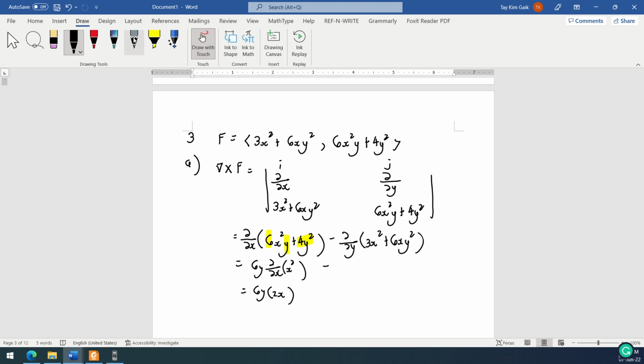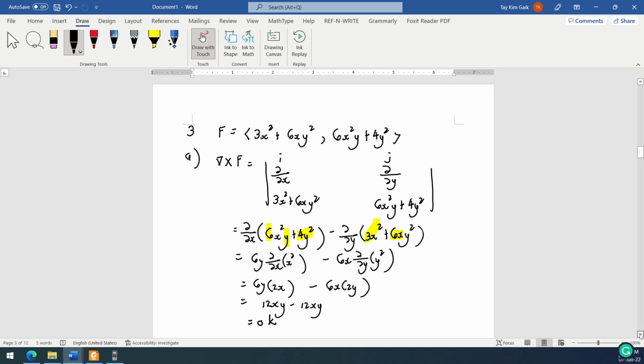When you del y, x is constant, so the differential of the constant term is 0. 6x is constant, so you factor out 6x and then del y of y squared, which gives 2y. So in total, 12xy minus 12xy, you have 0k.